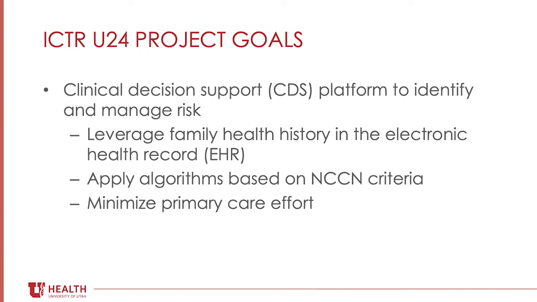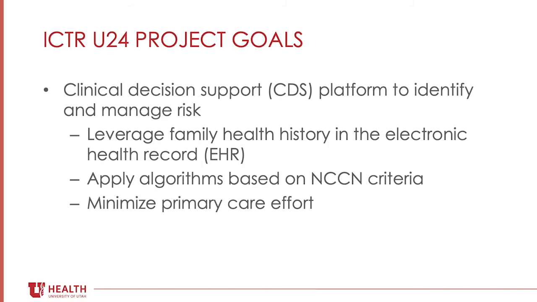So to introduce the Informatics grant, the ICTR U24, the goal of this grant is to develop a clinical decision support, or CDS, platform to identify individuals who may be at inherited risk of cancer and to manage that risk. This is being done by leveraging family health history information that is already in the electronic health record, by applying algorithms that are based on current NCCN criteria.